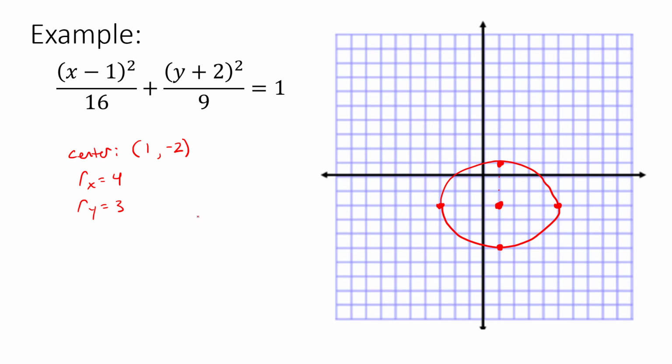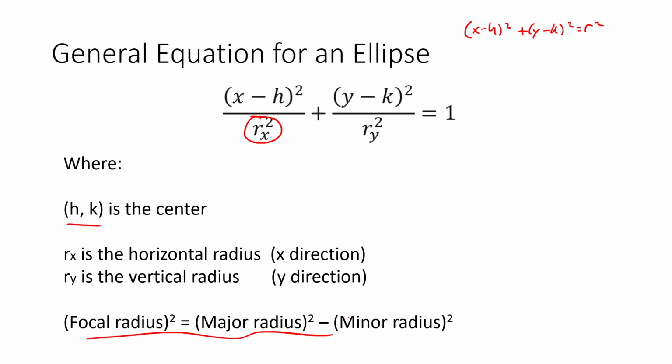We would ask you to go a little bit farther and to find the foci, the points where those are located. And that's where you need to know this focal radius. So what we usually say is f squared equals big R squared minus little r squared. Big R being the major radius, so the bigger number, and little r being the smaller number.